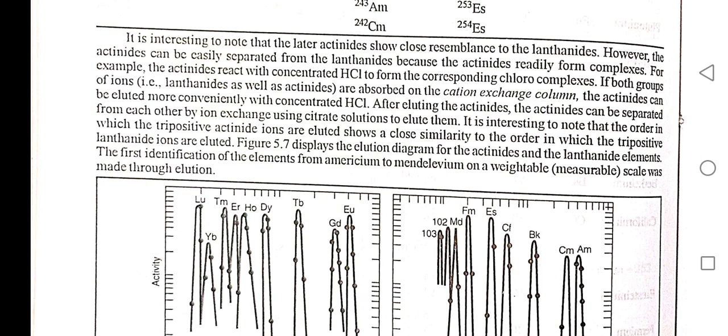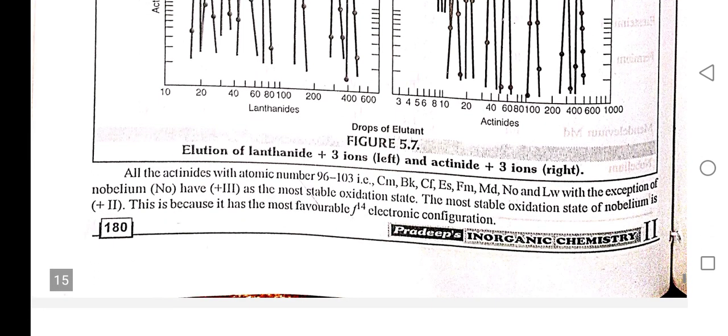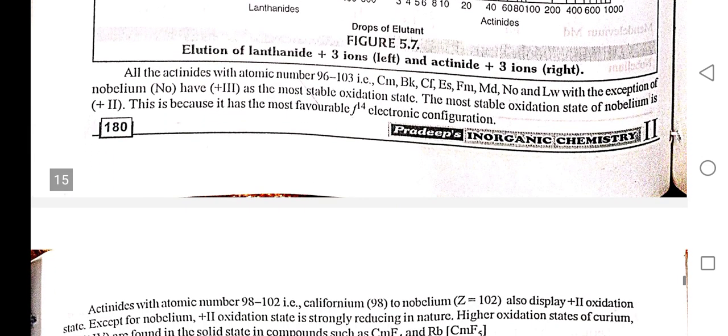The first identification of the elements from americium to mendelevium on a weighable scale was made through elution. All the actinides with atomic numbers 96 to 103, namely Cm, Bk, Cf, Es, Fm, Md, No, and Lr, with the exception of nobelium, have +3 as the most stable oxidation state.